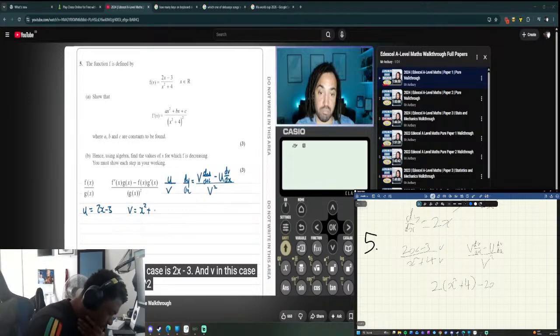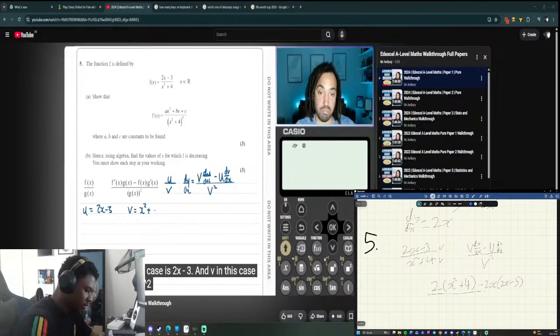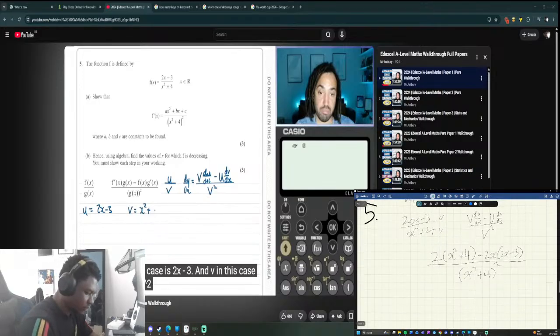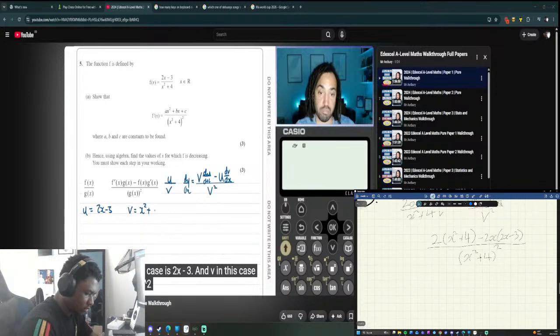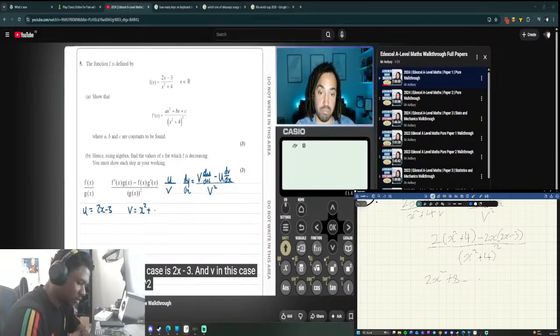So 2x minus 3 over x squared plus 4 squared. Now this turns into 2x squared plus 8 minus 4x squared minus 6x.